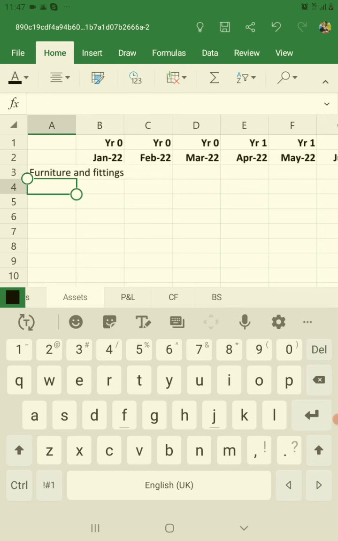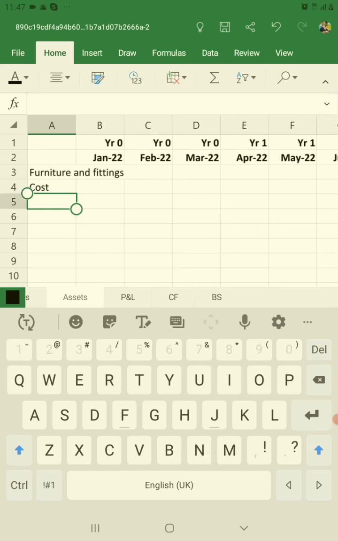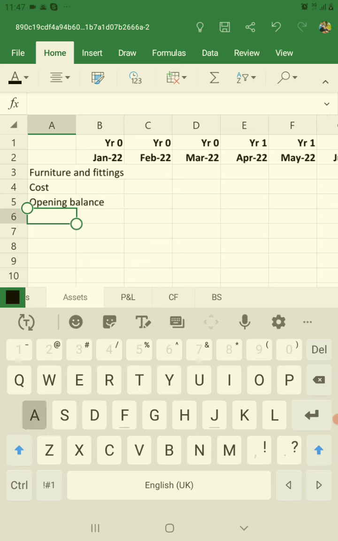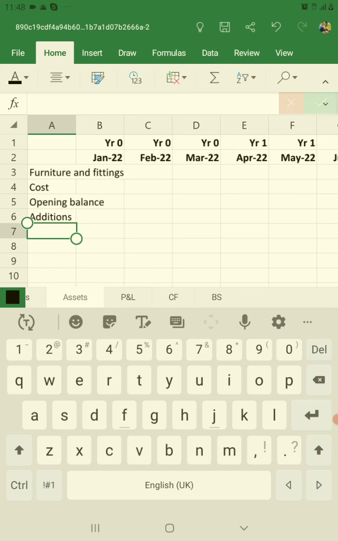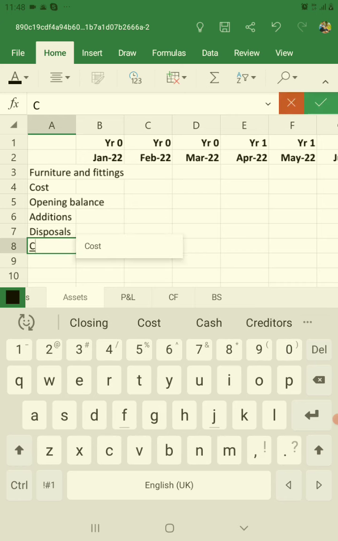Which will start with the cost component, cost, which will have opening balance, and then addition of assets of furniture and fittings in this case, and then there will be disposals for furniture and fittings, and then we'll have closing balance.